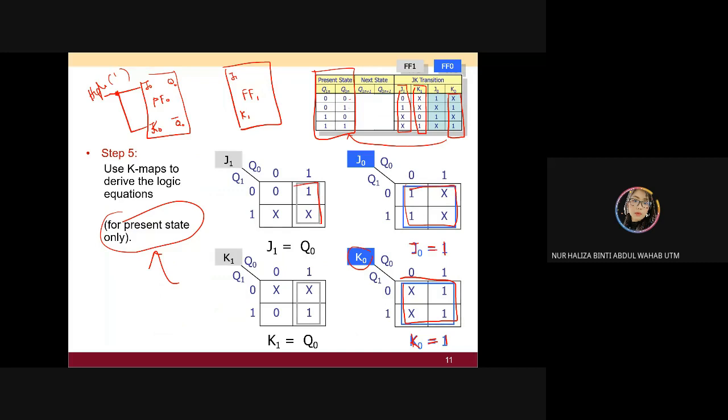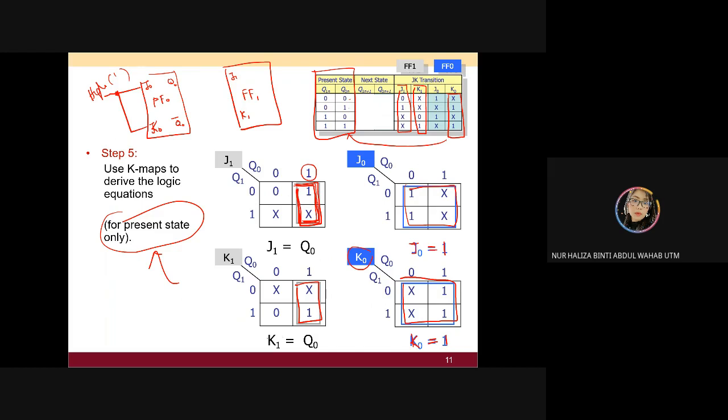So after you drew the K-map, you're going to get like this, which is, you can see your J1 will be similar to your Q0. Why Q0? You're going to see it is only at the Q0 as 1.